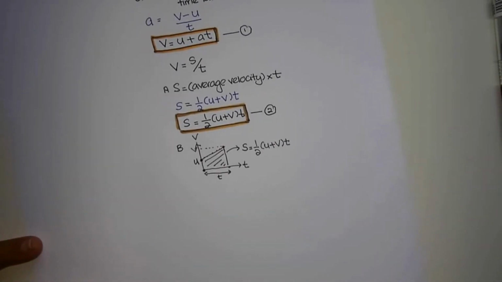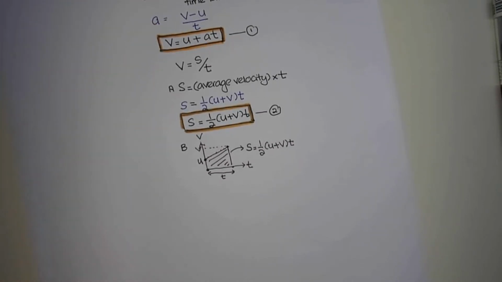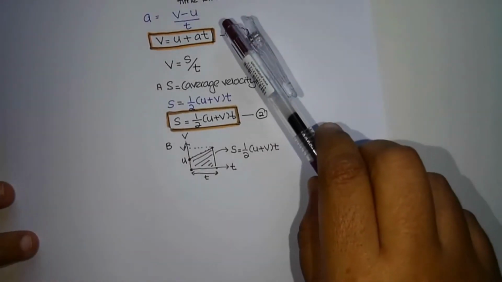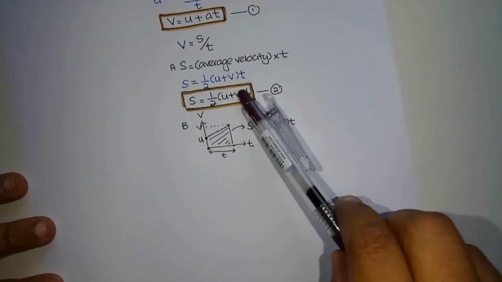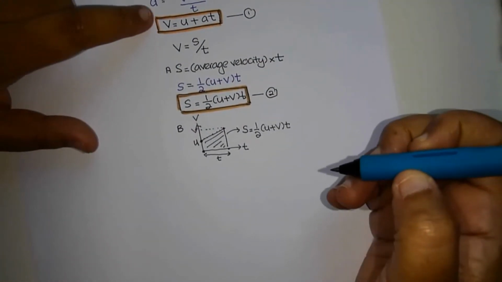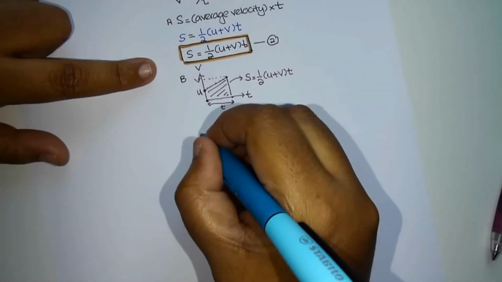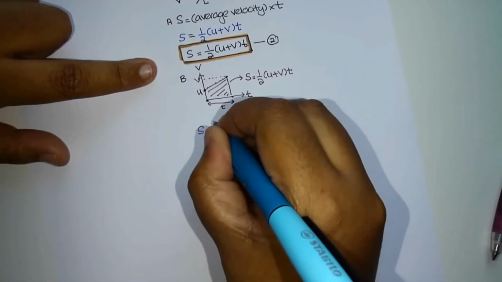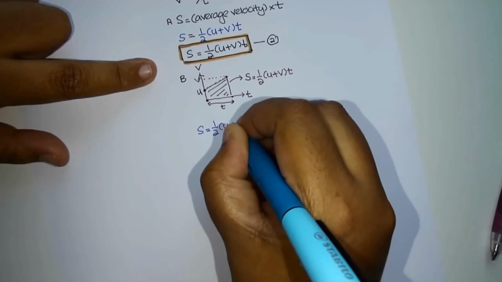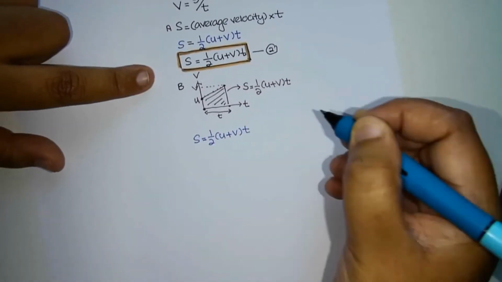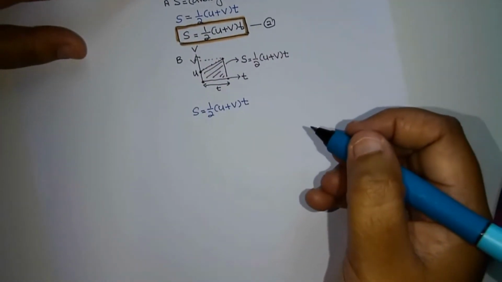They are the same. It's just that one is by formula, another one is by graph. We use these two formulas to derive another two formulas. The first one: we substitute number 1 inside number 2. s equals half of u plus v, times t. Number 1 is v equals u plus at.